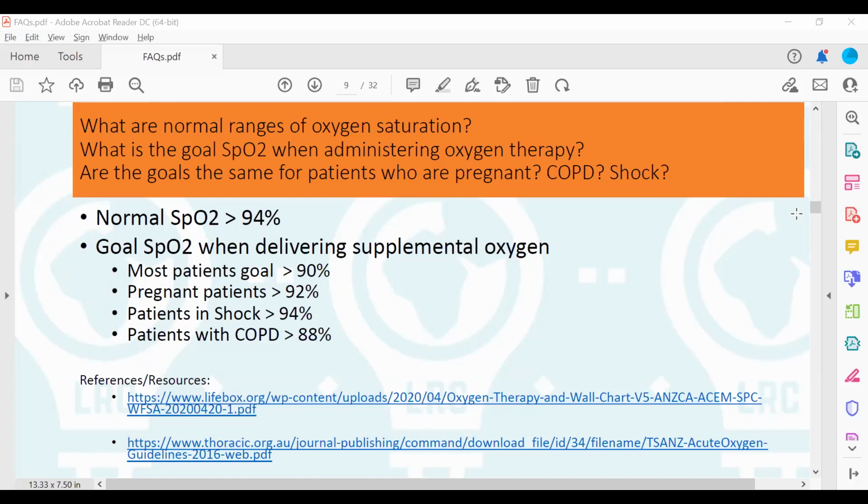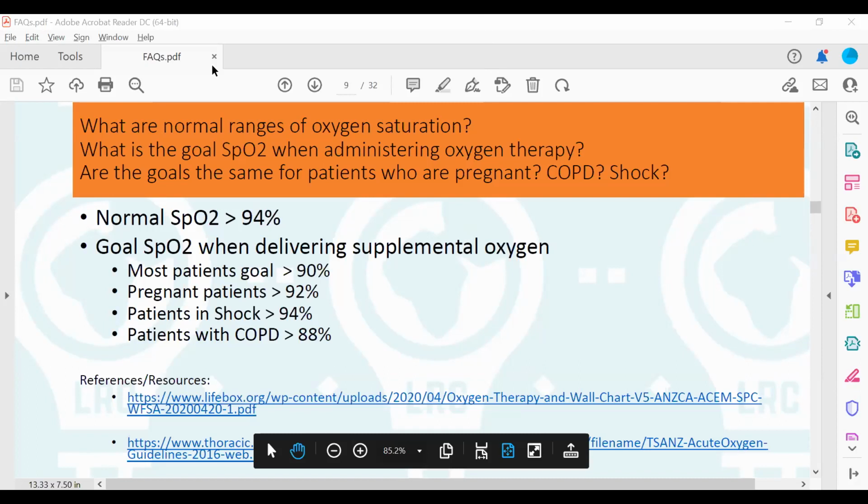You will not target the same normal SpO2 of 94. These patients have been living with their saturation, their normal SpO2 is above 88. Actually, for them, they don't need much oxygen. So you need to pay attention to them.